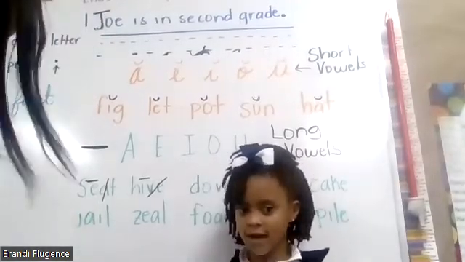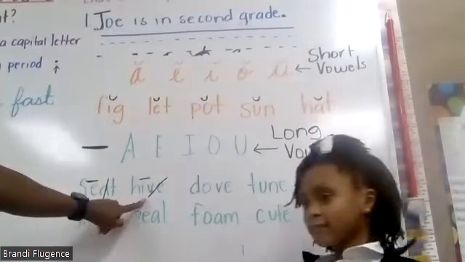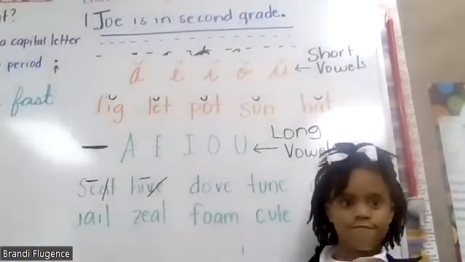All right, what's the word? Hive. Long vowel I, silent E, hive. Next one.